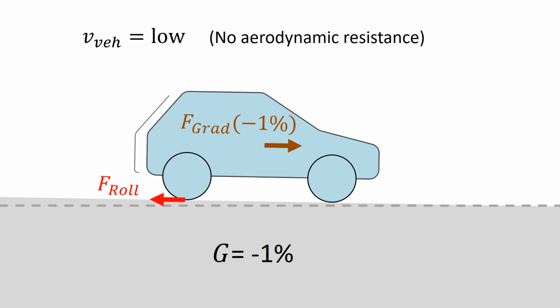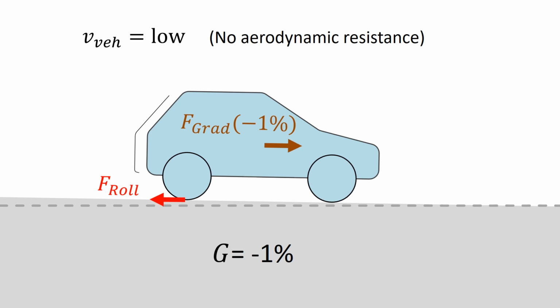This example illustrates the fact that the rolling resistance is in fact a small force compared to gradient forces and acceleration forces. But as we will see later, the rolling resistance is still very important when analyzing the total energy consumption of the vehicle, since it is present all the time.